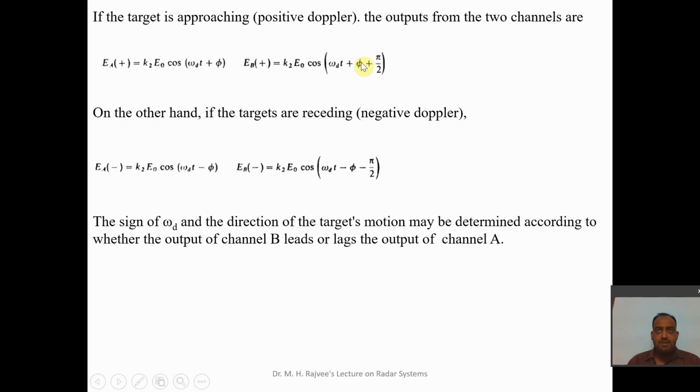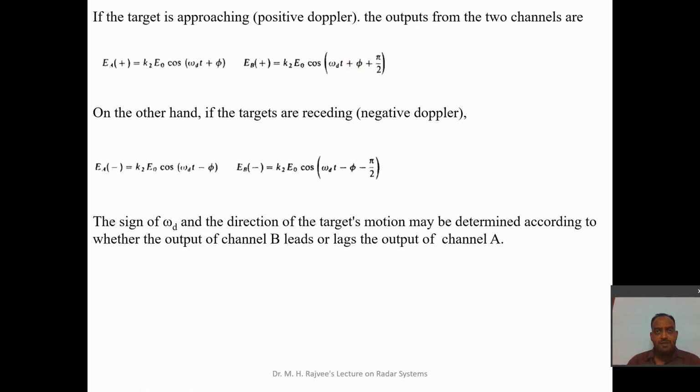That means if this is cos 0, which is 1, this will be cos 90, which is 0. So at one terminal it is 1, at another terminal it is 0. If it is cos 90, this will be cos minus 180.